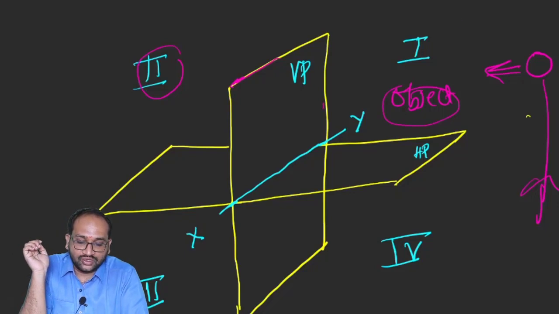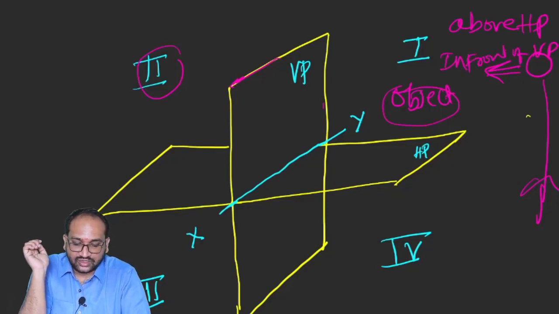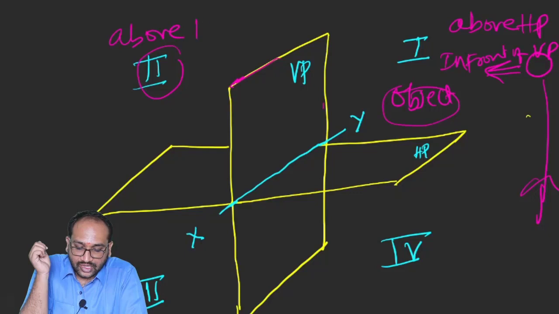Now first angle projection position is above HP, in front of VP. Second angle projection position is above HP, behind VP.